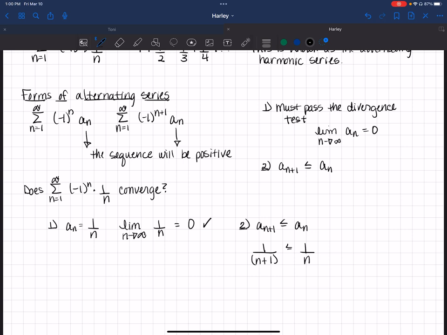What happens when I add 1 to it? It makes that denominator larger. The numerator's not changed. The bigger the denominator, if the numerator stays 1, then that value gets closer and closer to 0. Okay, so that one works out. It passes both tests, so that means that this alternating series is convergent.